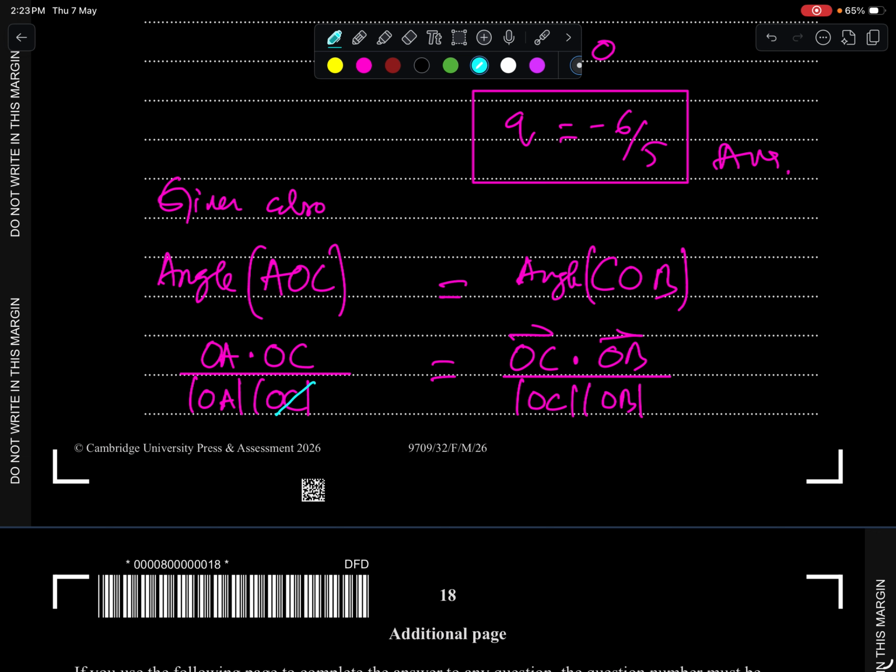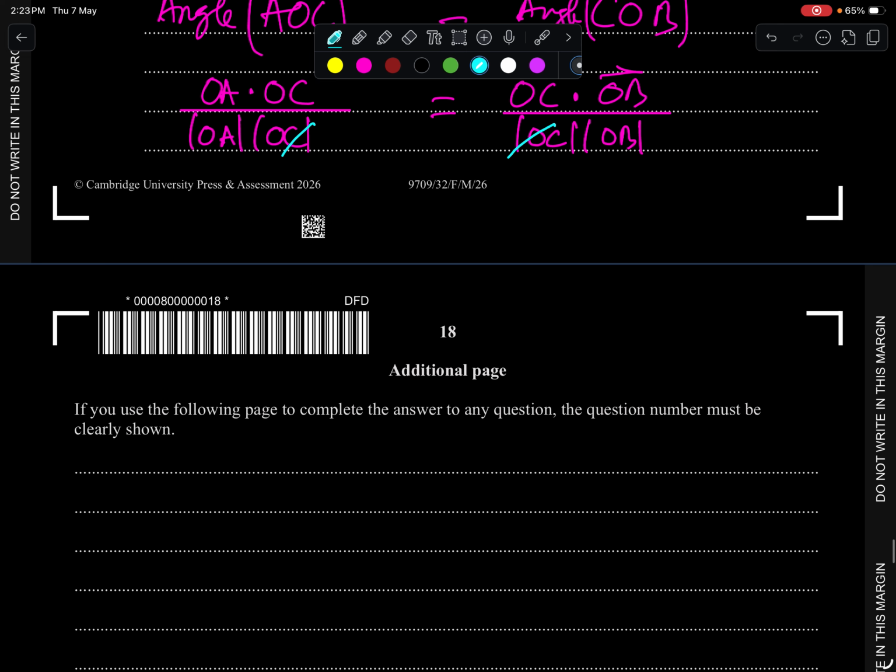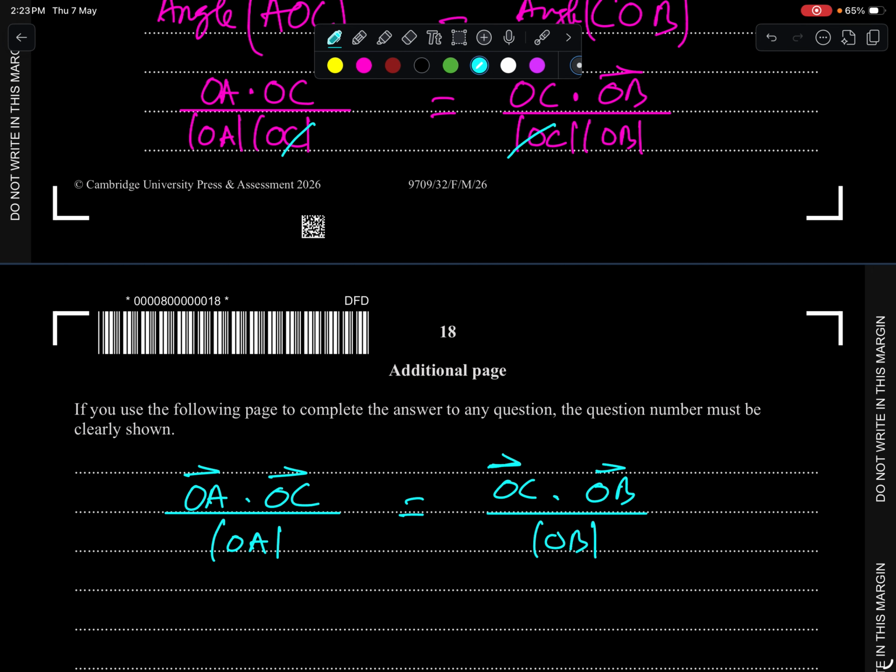Since these two are same, cancel these two. Okay, so we have OA dot OC divided by magnitude of OA, equal to OC dot OB divided by magnitude of OB.